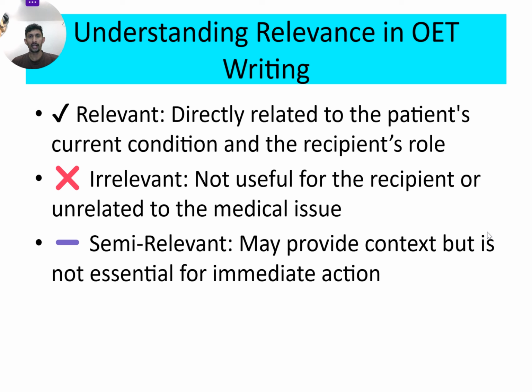Understanding the relevance in OET writing: how do you think which information is relevant, and which information is irrelevant and semi-relevant? You have to identify these three things as soon as you go to the case note.